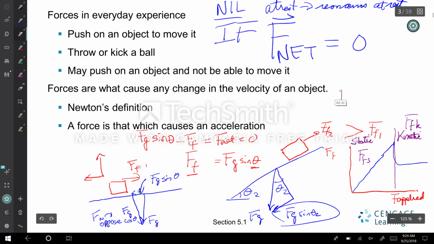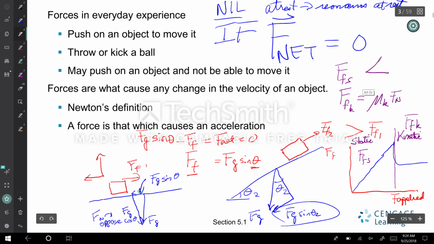So when we write down in our idealized model, we're going to say that if something's sliding across a surface, the force of friction is a constant value, approximately. But if it's at rest, this one-to-one mapping says what?